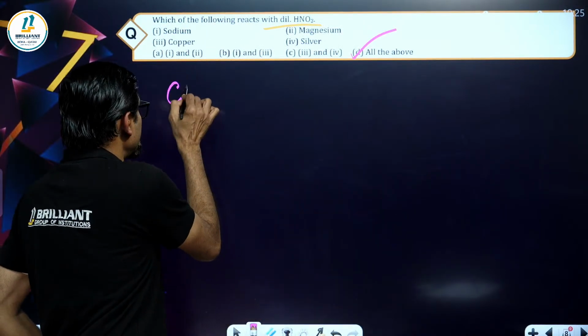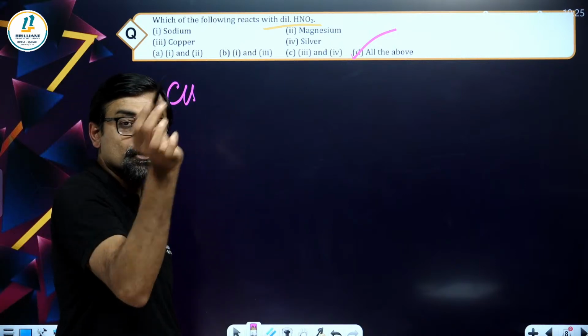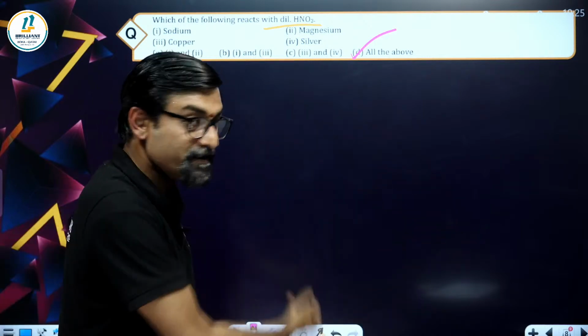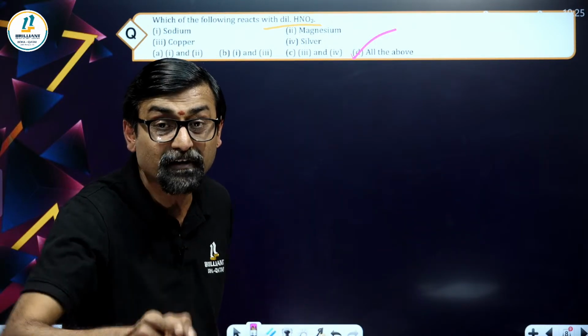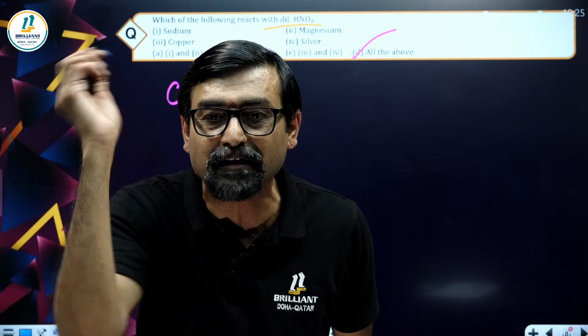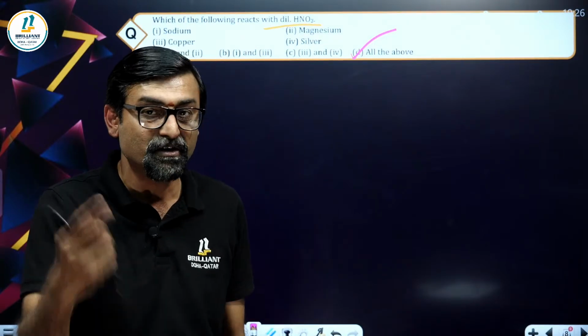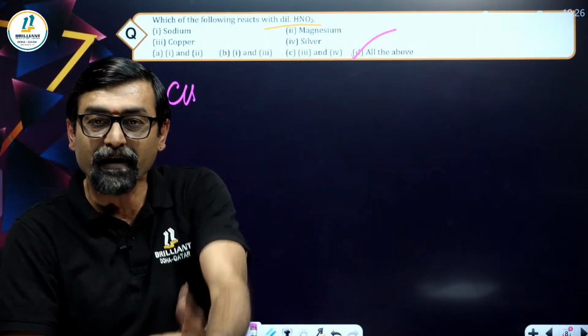I am not going into sodium and magnesium, because you already know they are high reactive metals. Let us come to copper, which is a low reactive metal that does not react with other acids. But nitric acid is a strong oxidizing agent, so it will motivate the reaction to occur.